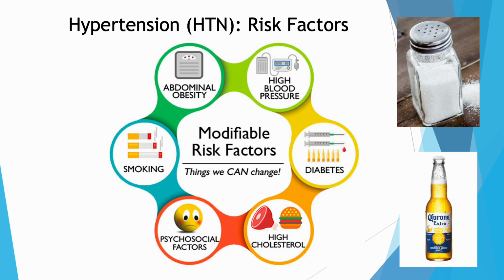Students sometimes get confused about why diabetes is modifiable, especially type 2 diabetes. Oftentimes, if somebody can lose enough weight and take care of themselves, the diabetes can be kept at bay. They need to decrease high cholesterol food intake and control their blood pressure.